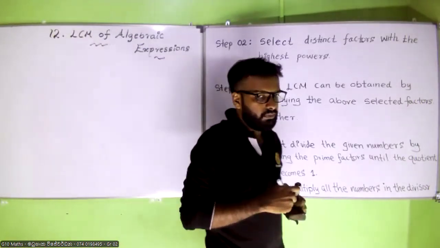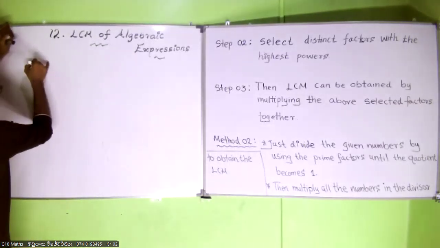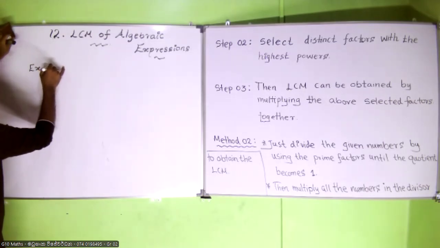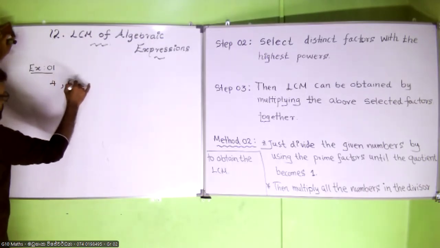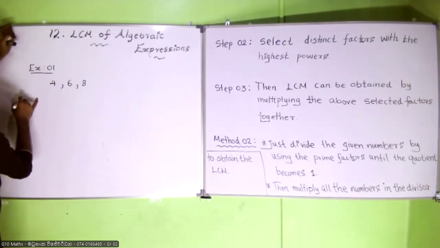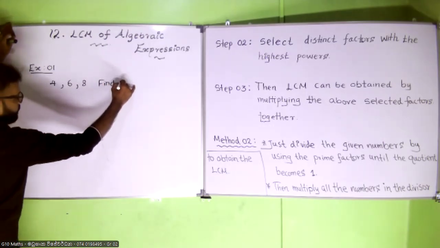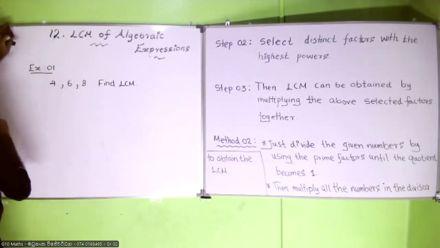Numbers 4, 6 and 8. First of all, let's do this by finding the LCM. You know how to find the LCM of 4, 6 and 8, right?